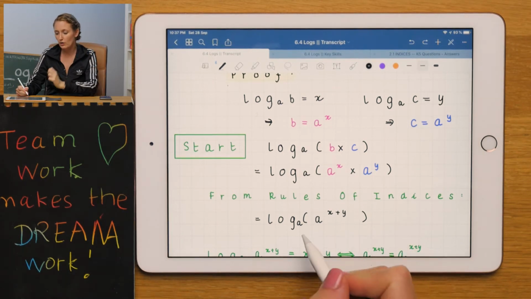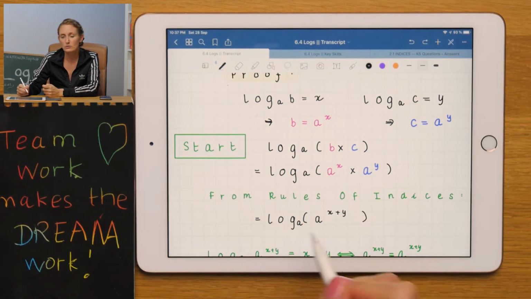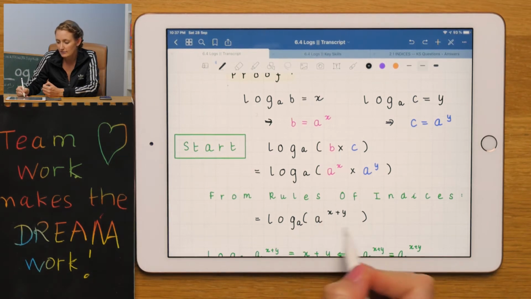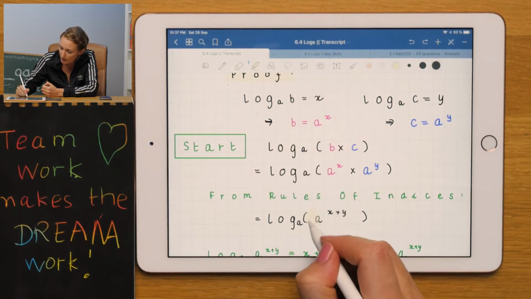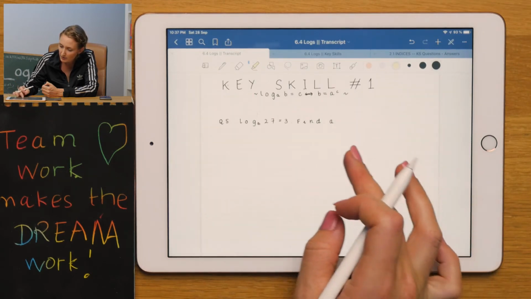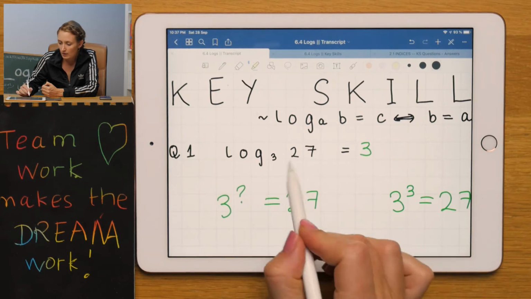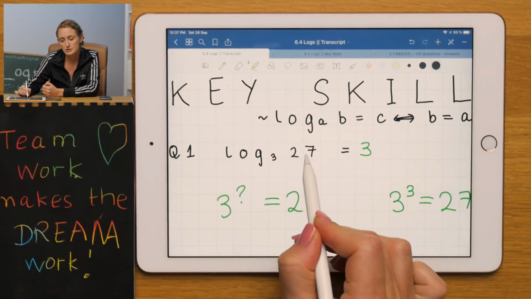Now, we know that when we solve a logarithm, we ask ourselves which power of a is this? If we go back to the first one, we asked ourselves things like, which power of 3 is 27?